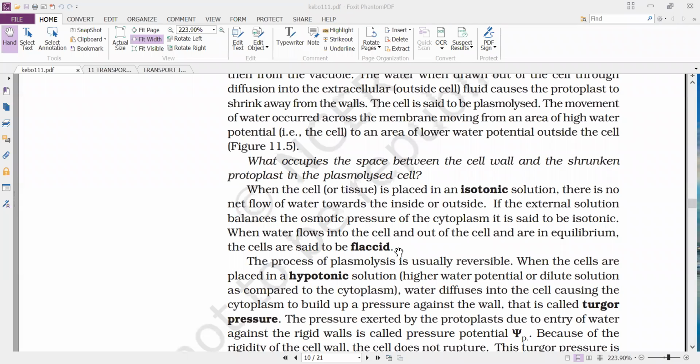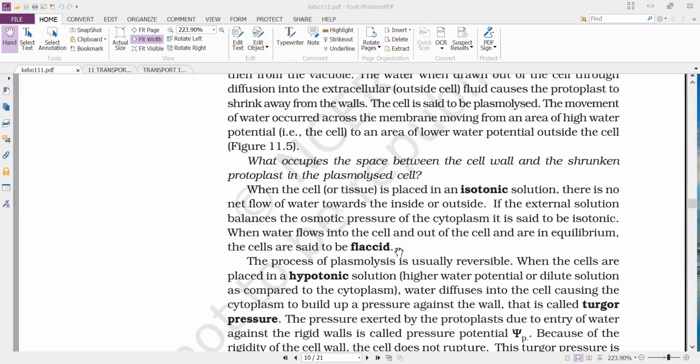That means if the net movement of the water molecules is 0, the cell is in equilibrium. When a plant cell is placed in an isotonic solution, the cytoplasm of the cell and the external solution are in equilibrium. So the net movement of the water molecules is 0.